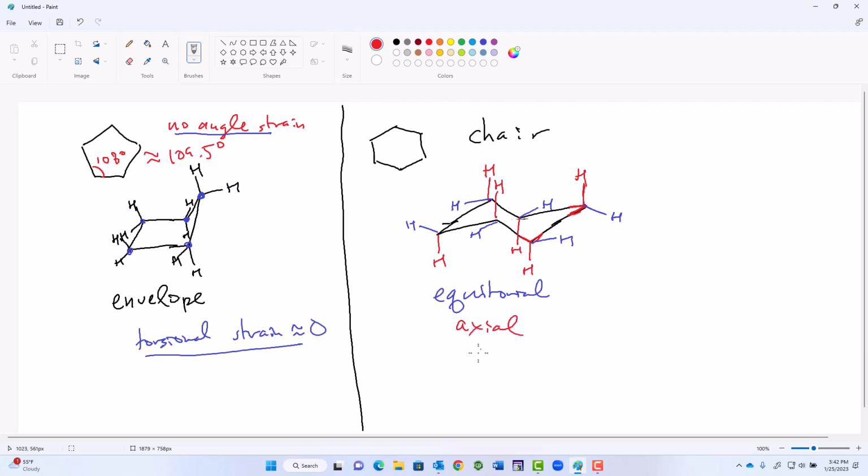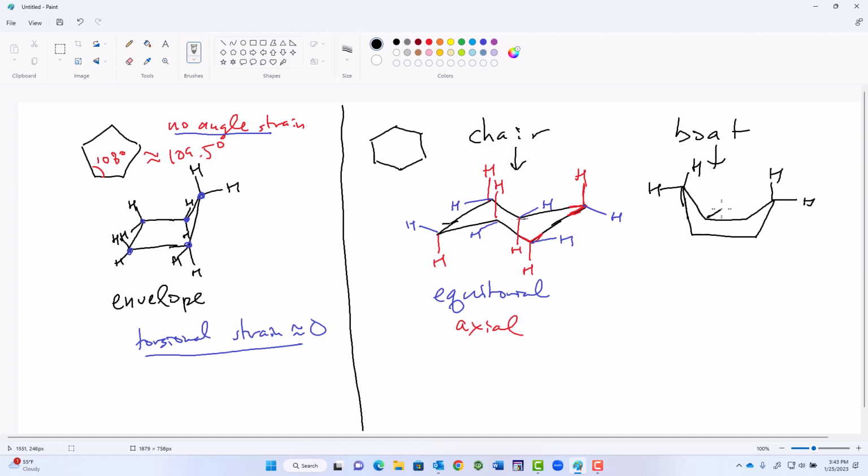Now there is an alternate structure that relieves the torsional strain that's a little bit higher in energy. So if the chair is the lowest in energy, the next lowest in energy is called a boat. It is called a boat because it kind of looks like a boat. In this case, it is again reducing torsional strain, but not all of it.